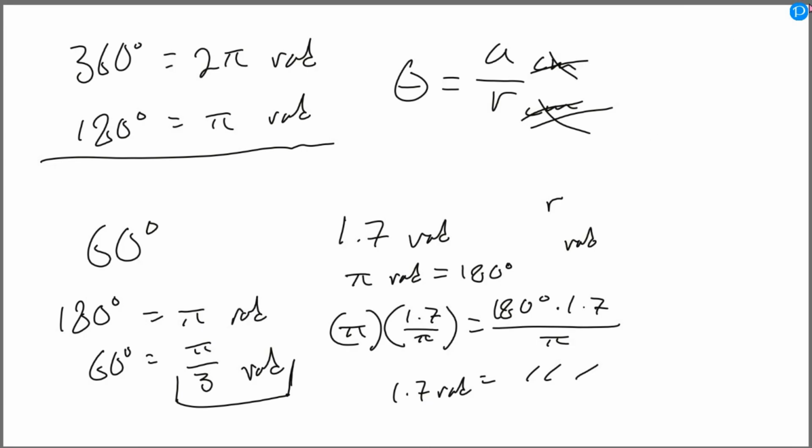Now we can transfer this knowledge to perimeters and areas and solving different features of a circle. So let's just review a few things. Theta in radians is equal to arc length over r. That's very important. Remember that the area of a circle is equal to pi r squared.